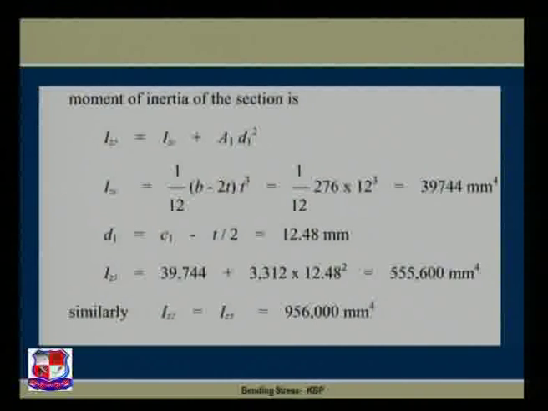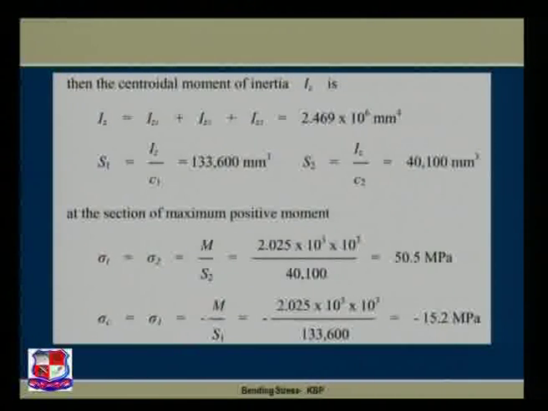Now, the moment of inertia of the section is given by the basic fundamental relationship using the parallel axis theorem. I wish you can do this at this level by solving so many numericals, and we found the value as 2.469 into 10 raised to 6 millimeter raised to 4.